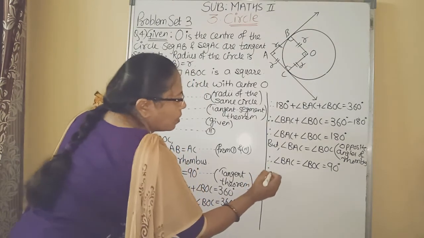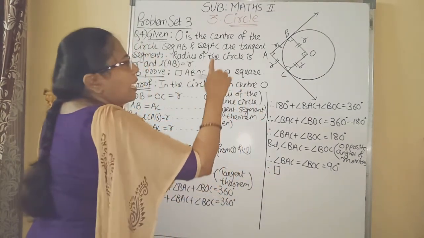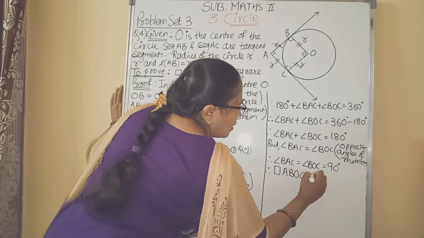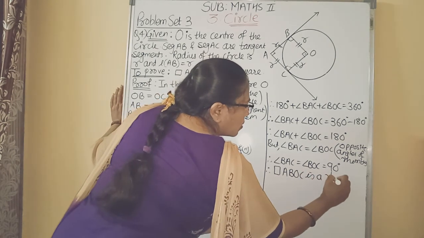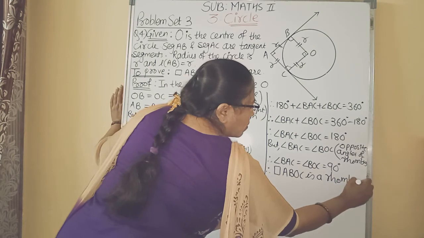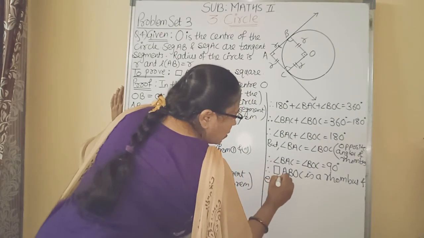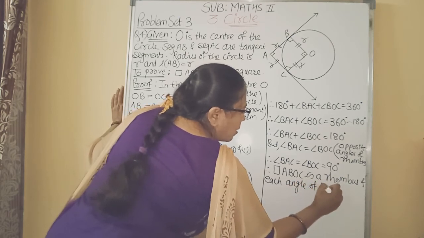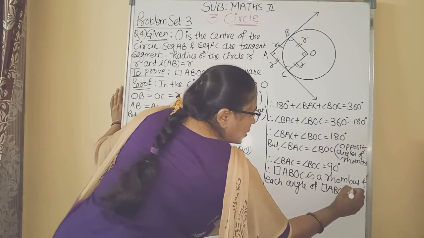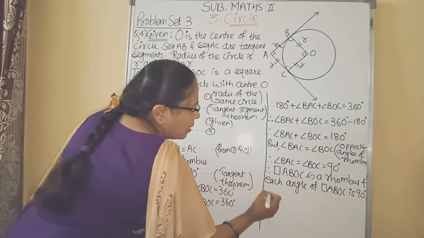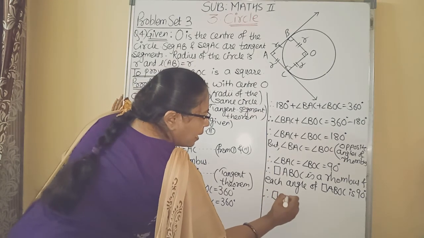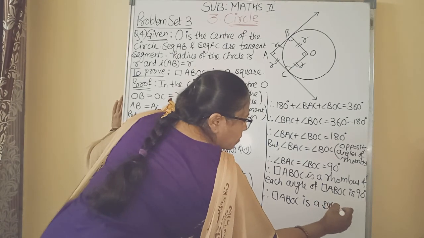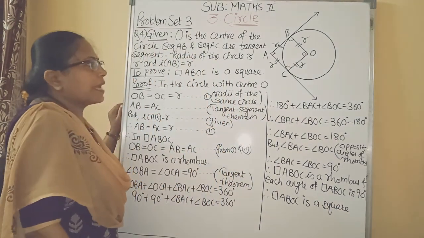Therefore, quadrilateral ABOC is a rhombus and each angle of quadrilateral ABOC is 90 degrees, and therefore quadrilateral ABOC is a square. All sides equal in length and each angle is 90.